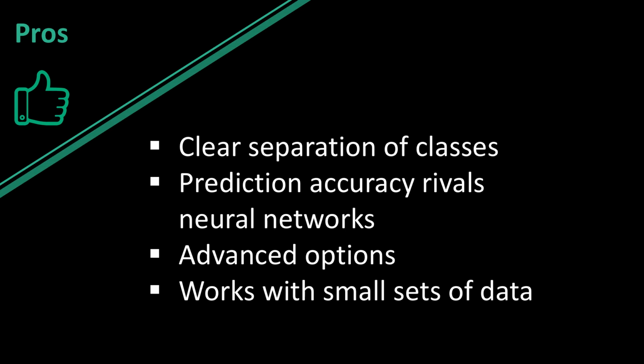And so there are many times where a support vector machine can be a fantastic choice. Even though it's much more simplistic than a neural network, it actually has some pretty impressive performance statistics.